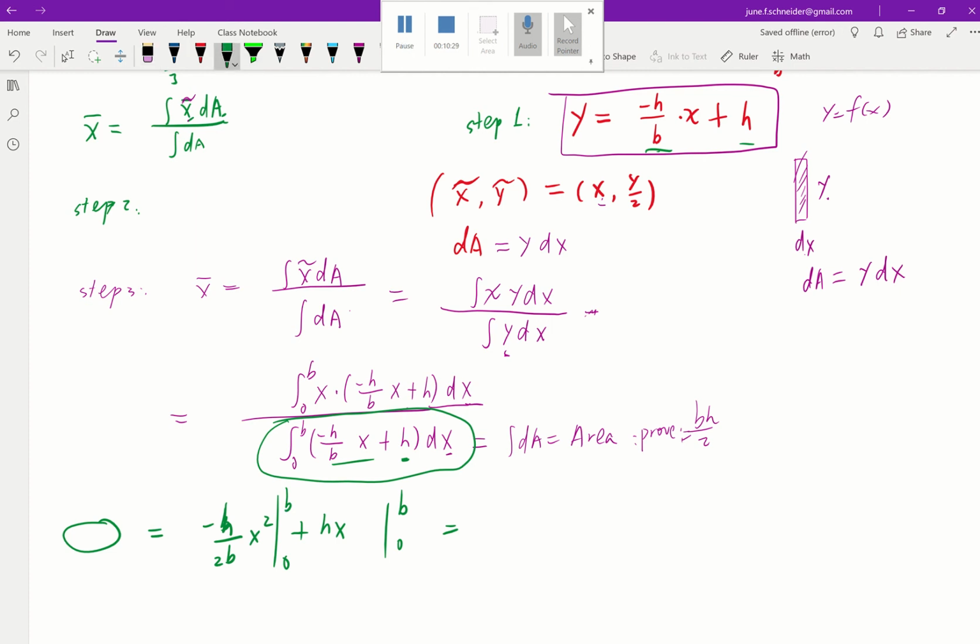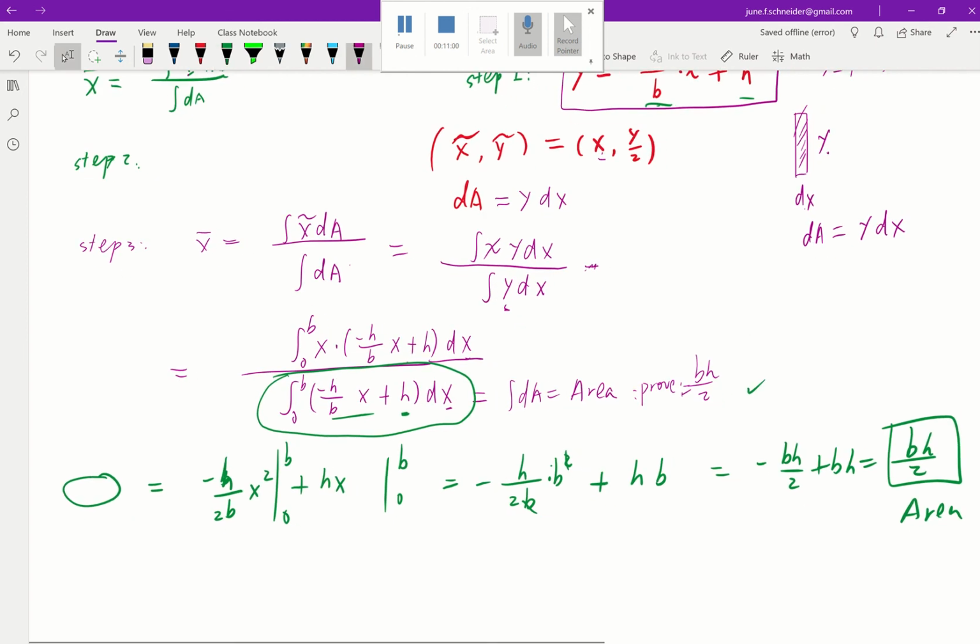Then what do we have there? The first one is h negative 2b, b squared minus 0, so it will be just b squared. The second term will be hb minus 0, just b. Then b and b cancel out. Then we have negative bh over 2 plus bh. Then we will have half bh. That's going to be the triangle area. We proved it using integration.